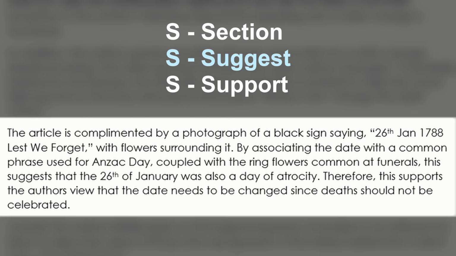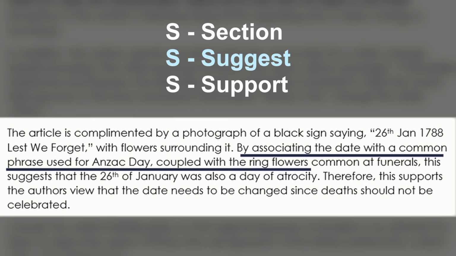Then suggest. So what does this section of this image suggest about the topic? Okay, so by associating the date with a common phrase used for Anzac Day, coupled with the ring of flowers, which is common at funerals, this suggests that the 26th of January was also a day of atrocity and death.